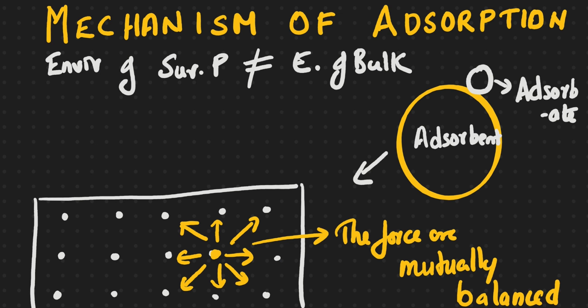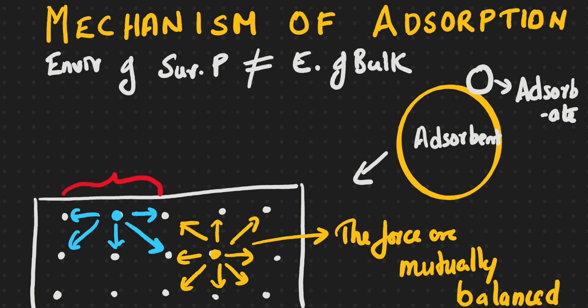But if you look at the surface particle, it is surrounded by these molecules on the downside, but on the upside there are no particles, so the environment is different.